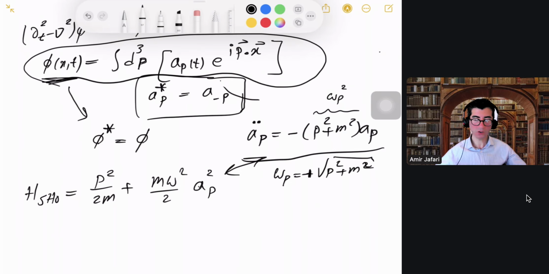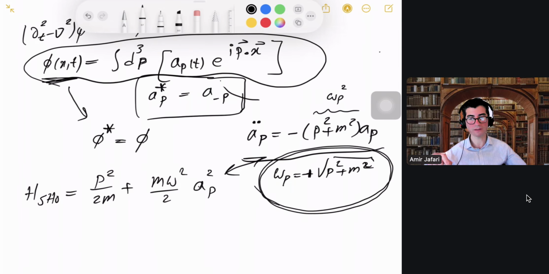Okay, so we use that trick, the similarity with the simple harmonic oscillator. But the point is that for that simple harmonic oscillator, this angular frequency or energy, basically, if you put c squared here, c to the fourth, dimensional analysis would give you the speed of light back, and then this would become the energy of the simple harmonic oscillator. And this is basically the energy of a particle. So you see the similarity between the relativistic relation for energy and the simple harmonic oscillator.